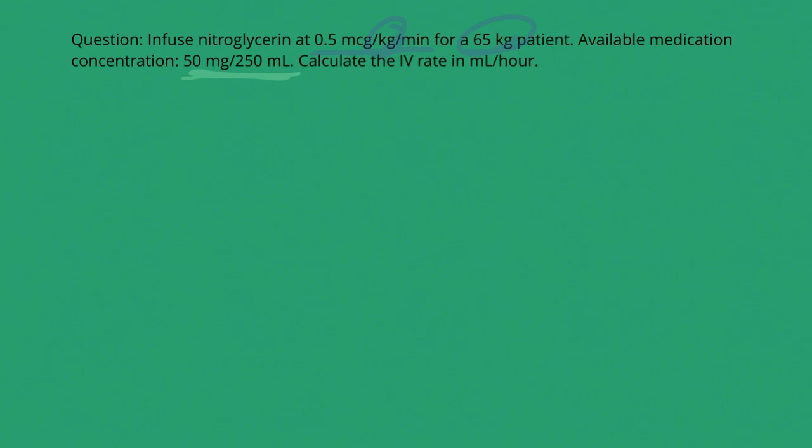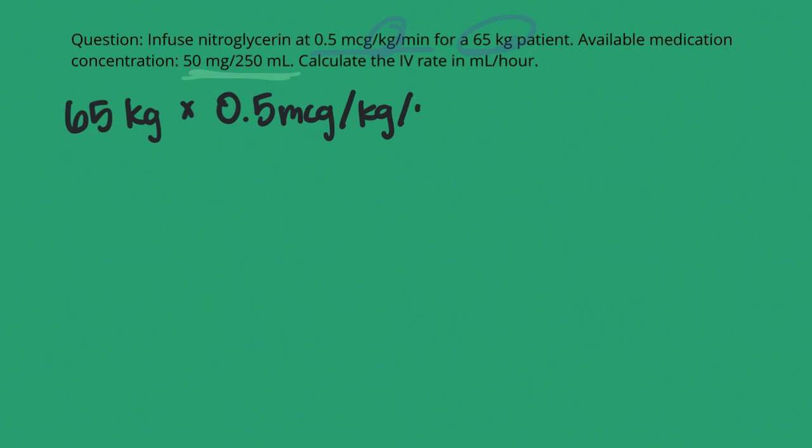So first things first, with a weight-based order, where do you start? You start with the patient's weight, right? 65 kilograms. And we're going to multiply that by our order, 0.5 micrograms per kilogram per minute.